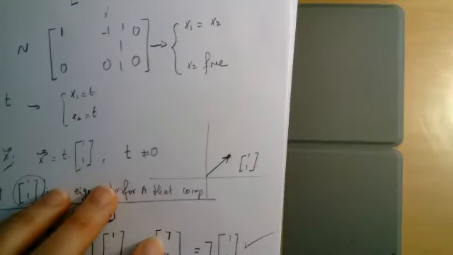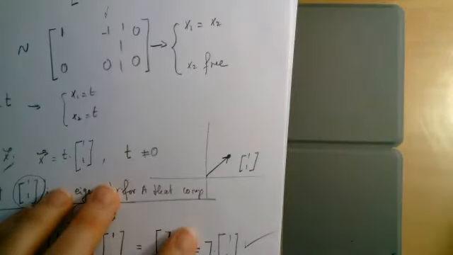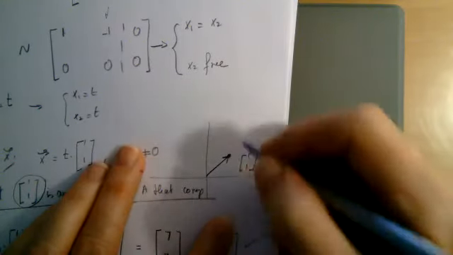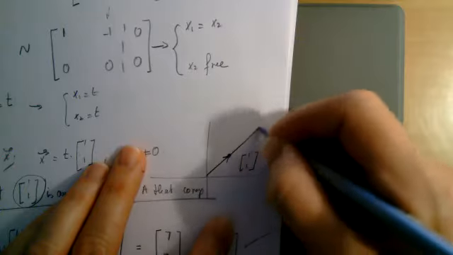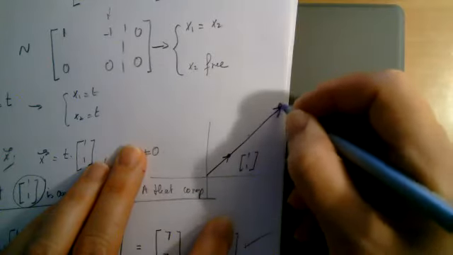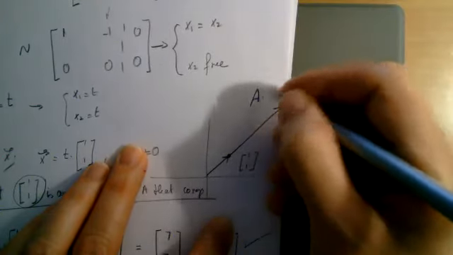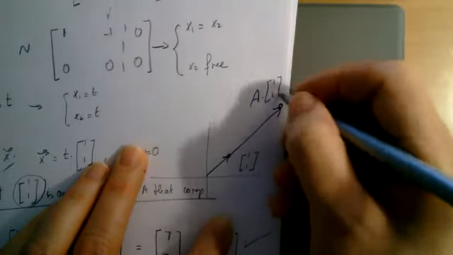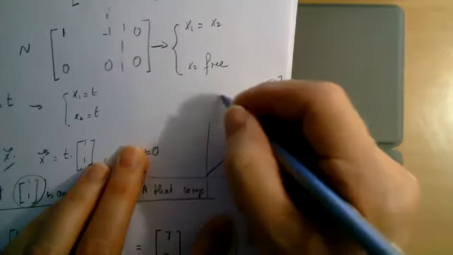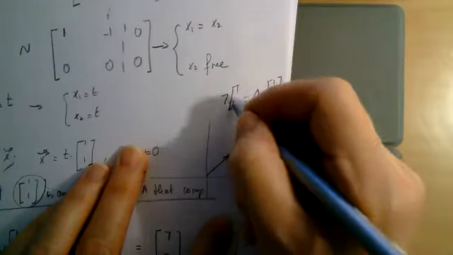Geometrically, it means that if this is my vector (1, 1), A times (1, 1) is right there. When I take A and multiply it by (1, 1), it is nothing more than 7 times (1, 1).